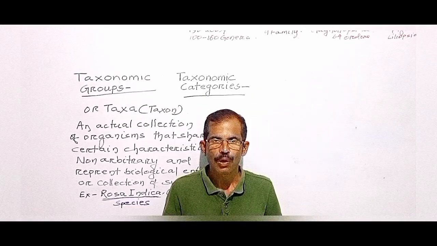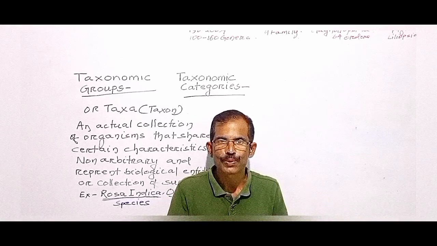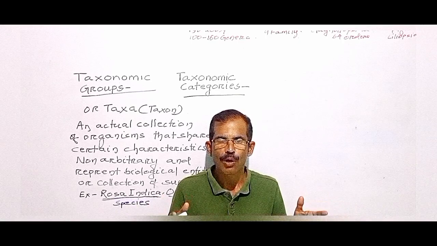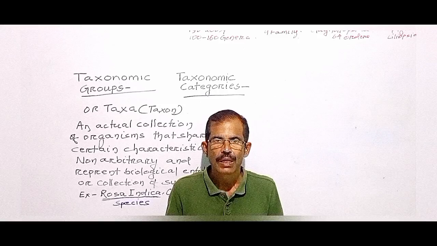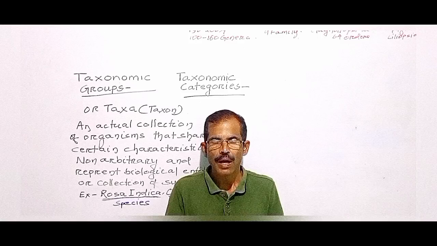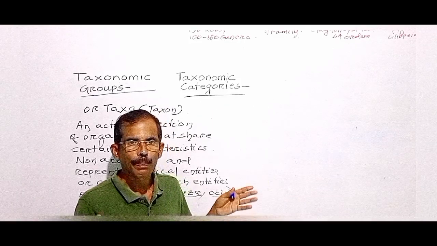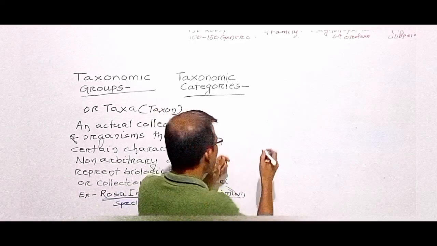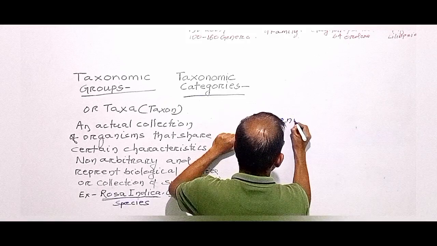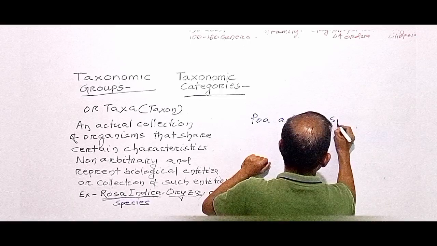In taxonomy, organisms are classified not into categories but into groups. It is important to note that a plant can be a member of several taxonomy groups, each of which is assigned to a specific category. But the plant is itself not a member of any category. For example, a plant collected from the field can be identified as Poa annua, which is assigned to the category species.